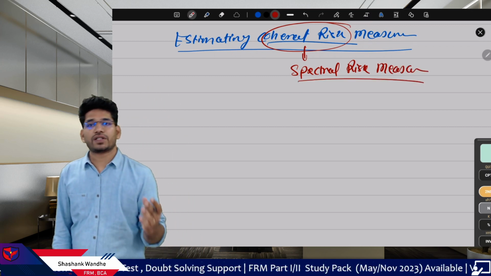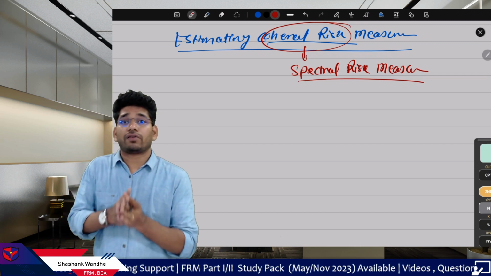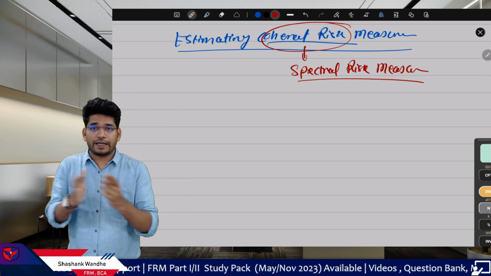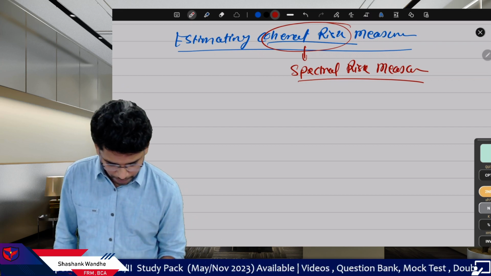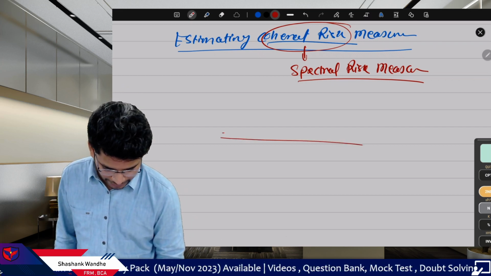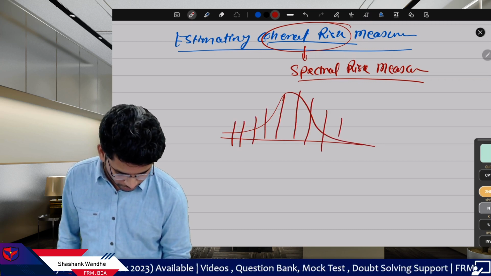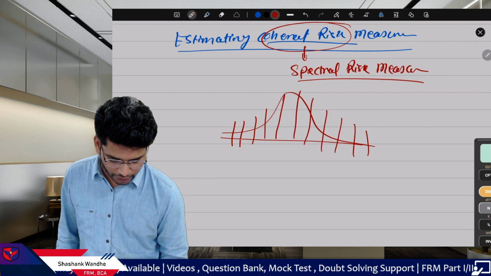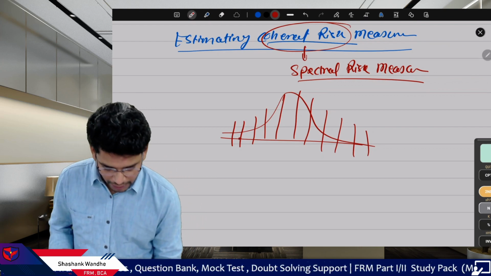The spectral risk measure, again we discussed this in FRM Part 1. What is spectral risk measure? So in spectral risk measure, we divide, or we create a spectrum of this distribution. We divide it into multiple equal parts, and based on this we provide weights. So if this is your normal distribution, we create a spectrum here, and we use this particular spectrum to calculate value at risk.